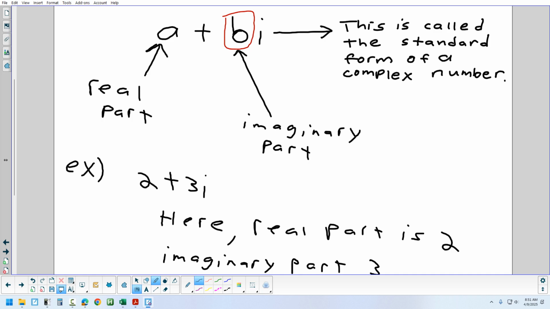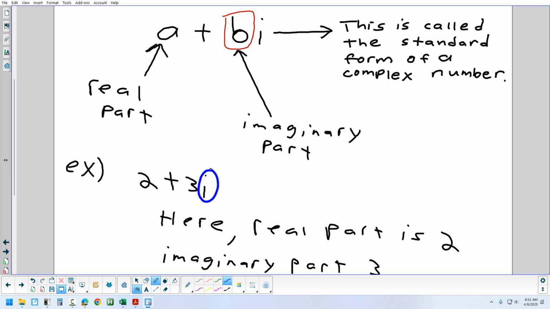Now, we're going to talk a little bit more about what i is. Well, that's kind of a broad question. It depends what the context of your question is. So if I asked you in that context, what is i? What would you tell me? Yeah, it's like a variable.